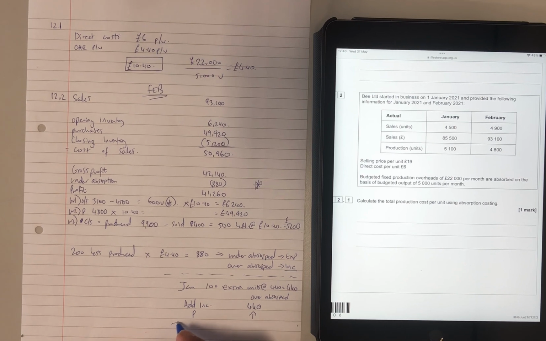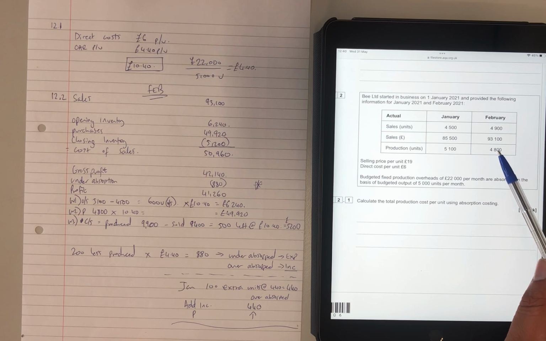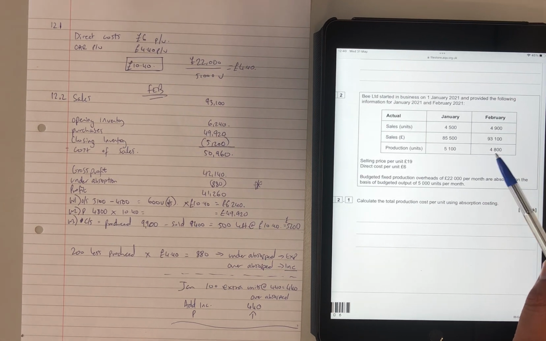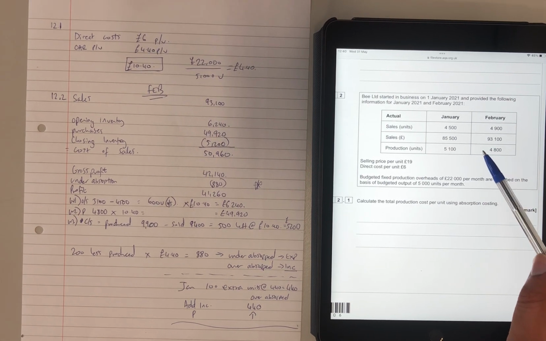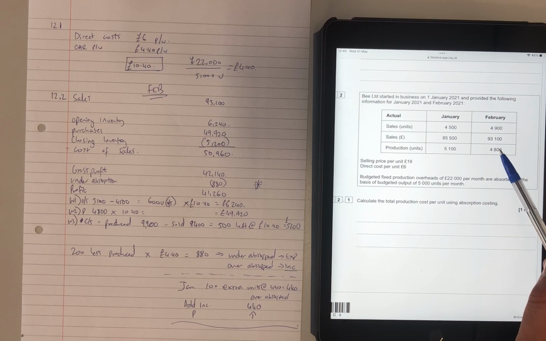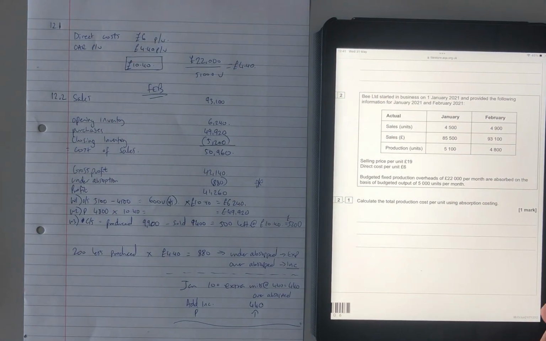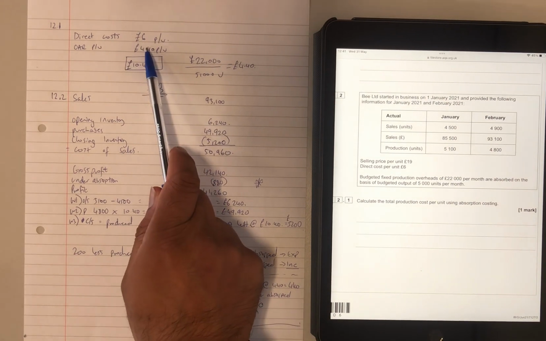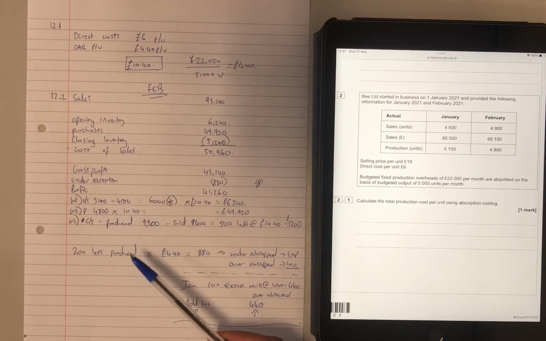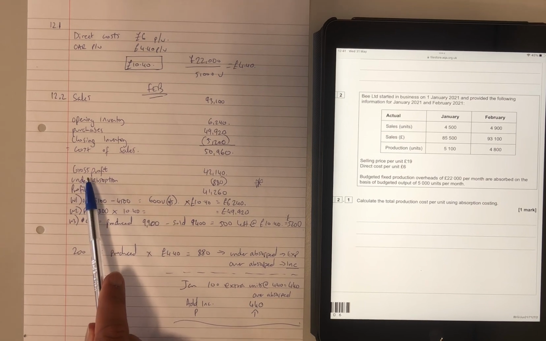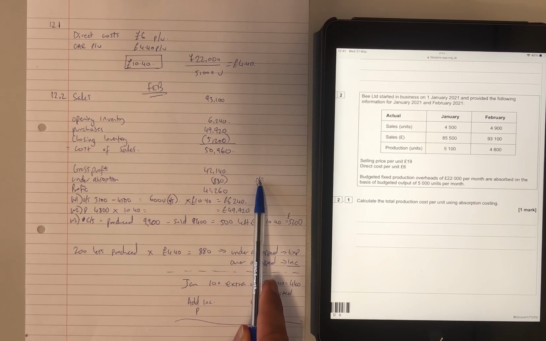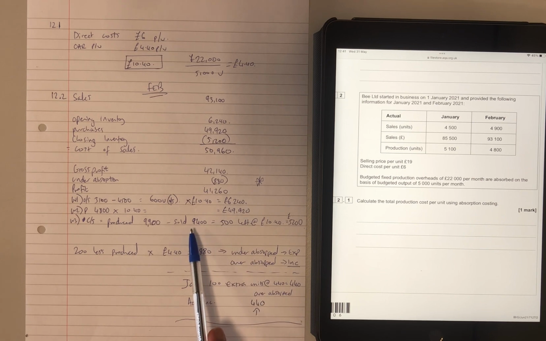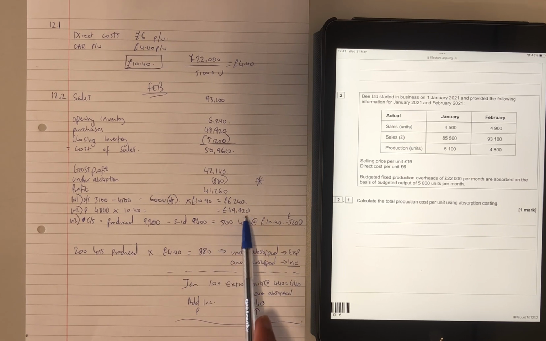Whereas in this question we produced less, so we undercharged our costs, which means we have to include what we didn't. So 200 times the £4.40, what we didn't charge, we must include for the year. And that's why we have over here, where is it gone now?